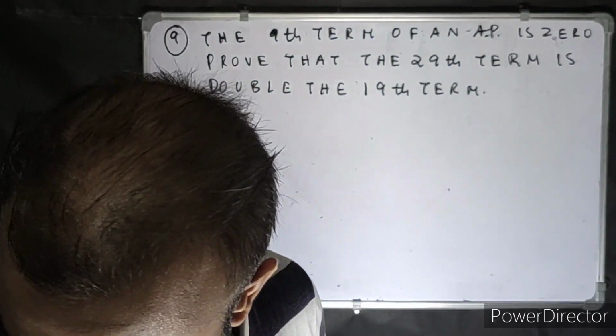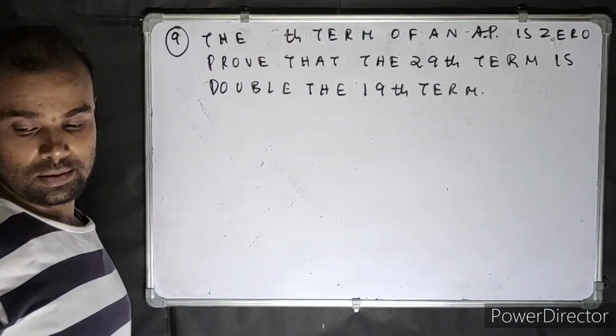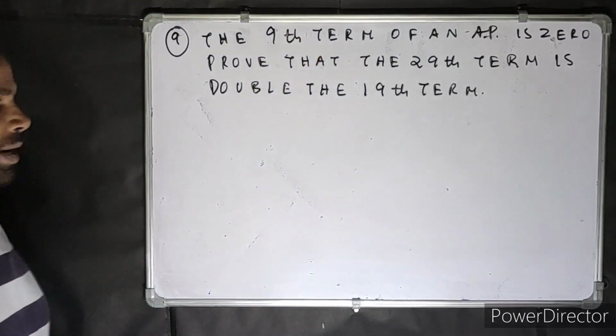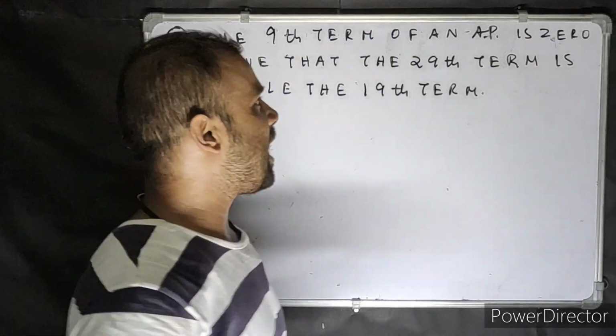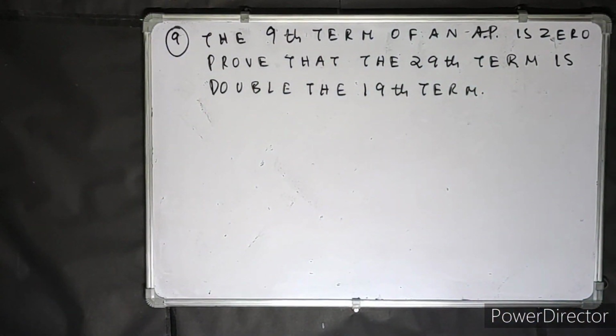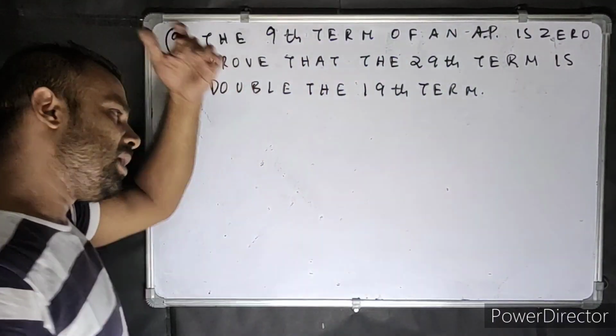Let's understand what the question is trying to say. The 9 is not looking like a 9, so get rid of that and write a better one. So the 9th term of an AP is 0. You have to prove that the 29th term is double the 19th term.